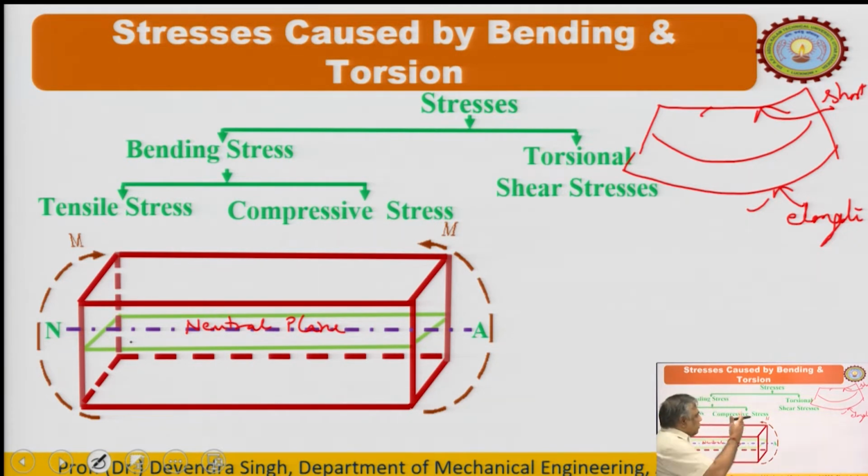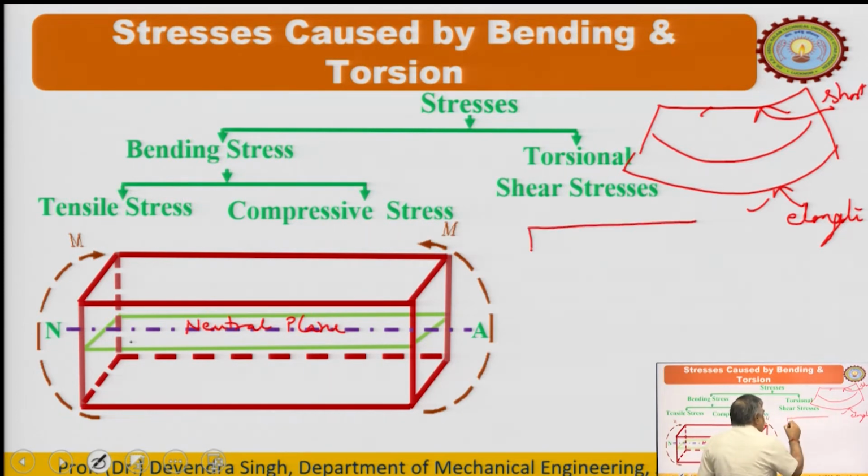So, whether going upward or downward, those distances, in the flexure formula you have been taught in Strength of Materials, y is always measured with respect to the neutral axis. And this is the bending moment I have shown here applied. You can think that if this is a simply supported beam, and you apply a load W, the same bending effect you will get in this beam.